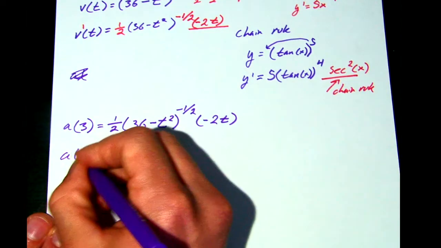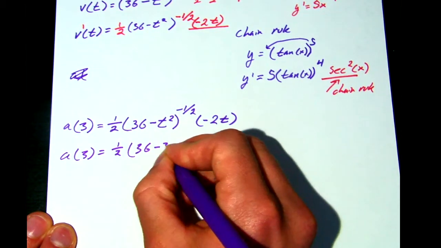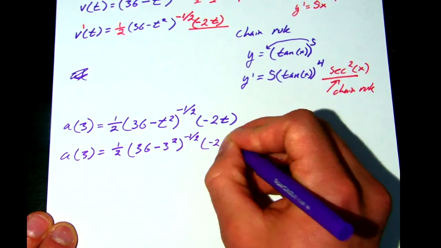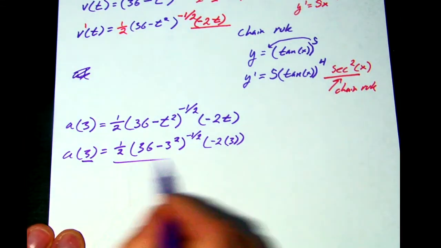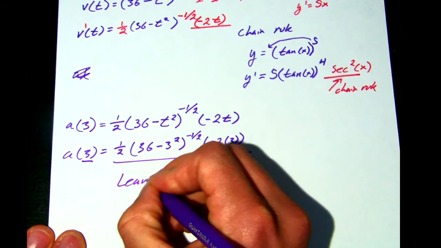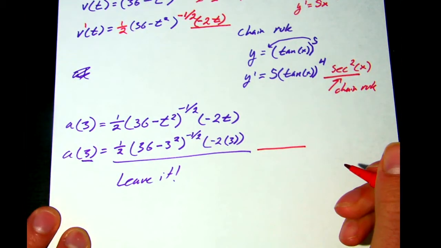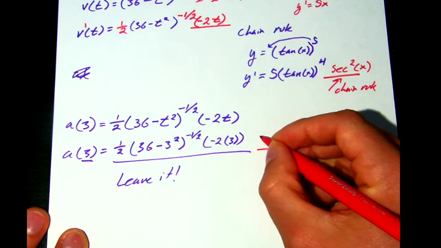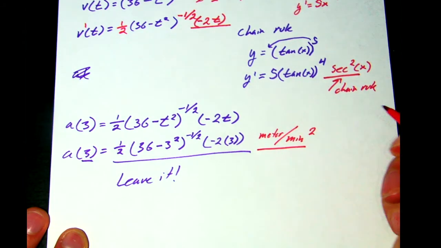So a of 3 would be 1/2 (36 minus 3 squared) to the negative 1/2 times negative 2 times 3. I'm just substituting in 3. Now, leave it. Don't try to simplify that. If you do, use Desmos. Now, the only thing we need to do are units. Here, the units are velocities in meters per minute. So this would be meters per minute squared. Those are the units.